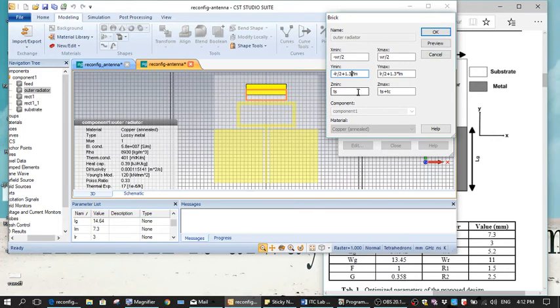We need to increase this value. So 1.33. Preview it. 1.37. Preview it. 1.39.